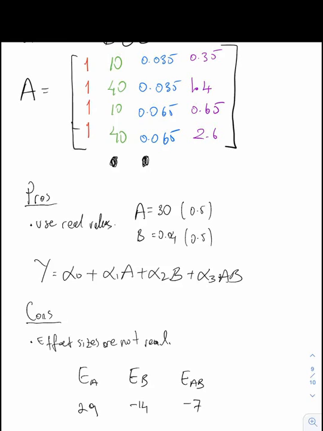I could have made the observation that the effect of A was larger than the effect of B, and that was larger than the effect of AB interaction. And I would have said A was the most important factor, changes the system the most, and B is the second, and then the interaction was a little bit less.